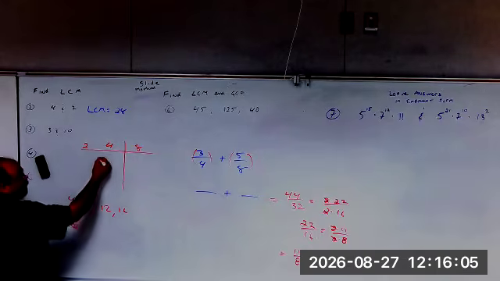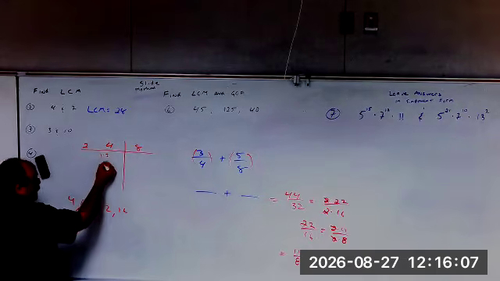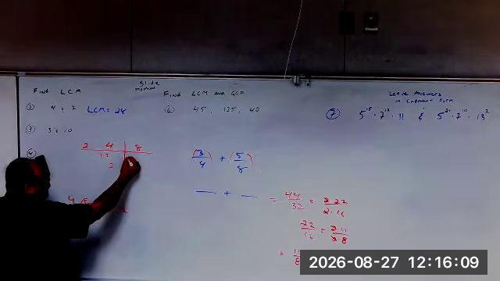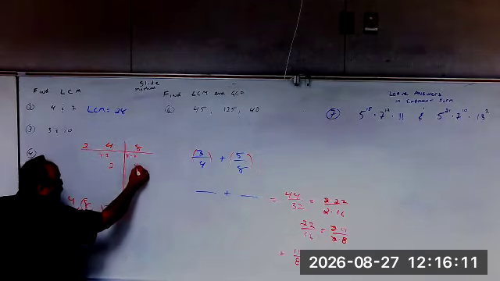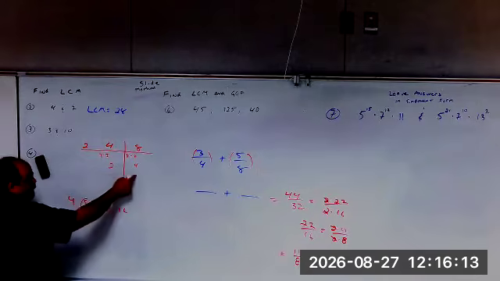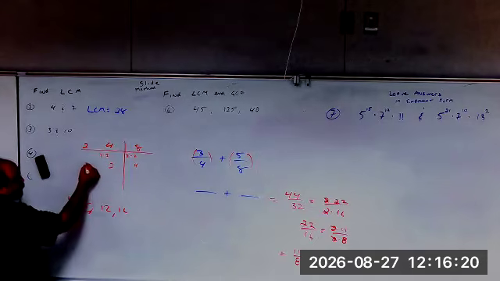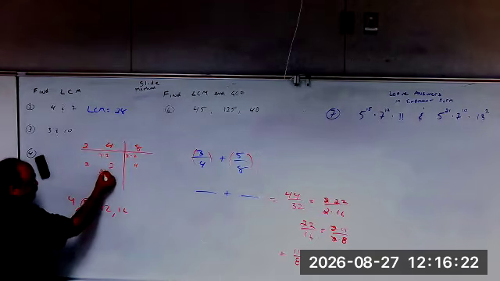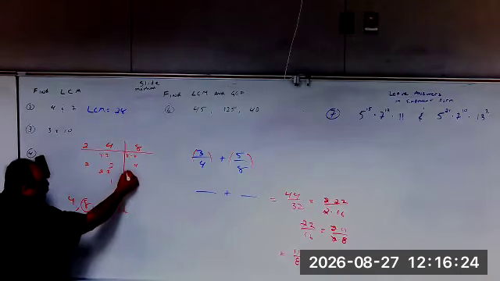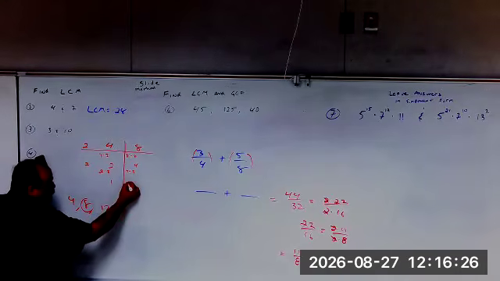So I take out a 2: 4 divided by 2, I get a 2; 8 divided by 2, I get a 4. Is there anything left that you can take out? Another 2. So I factor out another 2: 2 divided by 2 is a 1, and 4 divided by 2 is a 2.